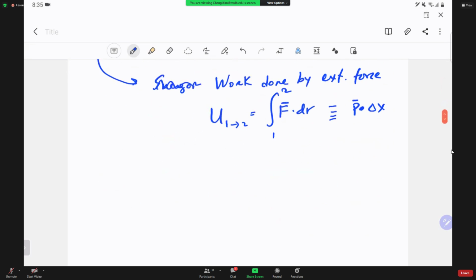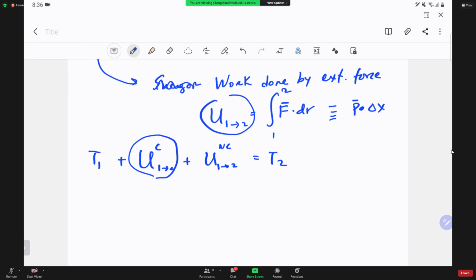From there, I said, hey, T1 plus the U from 1 to 2 splits into the work done by conservative forces and the work done by non-conservative forces from 1 to 2, and that is equal to T2.